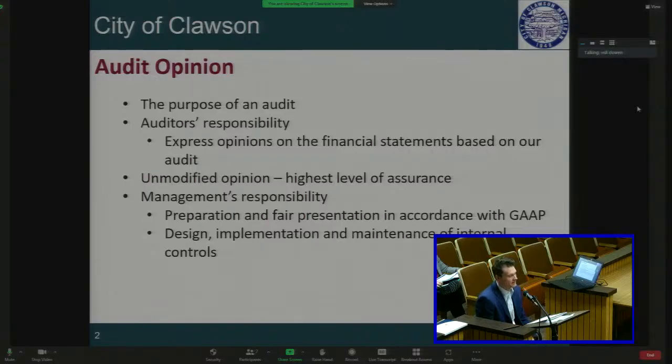Based on that, we provided an unmodified opinion, and that's basically a passing grade, if you will. That's the bottom line of an audit: the opinion on the financial statements, and it's that they're materially correct.